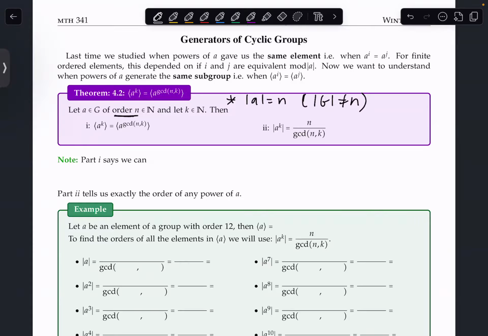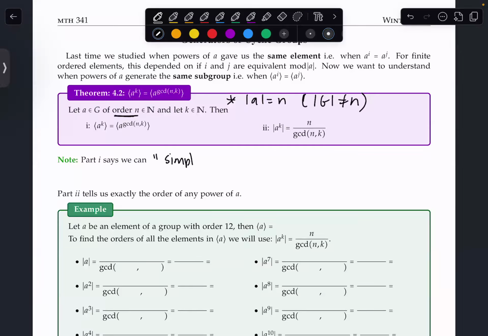So this is helping us do a couple things. It helps us simplify the power. It makes the power shrink. It also makes it a divisor, so it makes it easier for us to decide exactly what elements we have here. This is what part 1 is telling us. We can simplify any exponent in terms of generators using the GCD, and it still generates the same group.